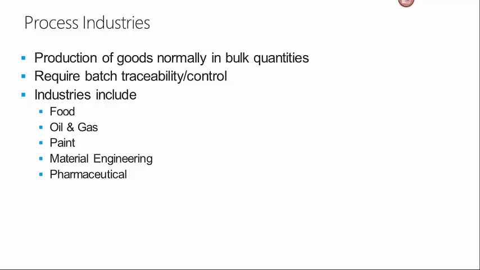So you don't know exactly what the percentage of everything is in that mixture, but you're left with a big bulk quantity that you can eventually sell and distribute to your customers. And food is a good one, because typically process has batch traceability, and if you produce any type of food products, you're going to have it batch controlled, so that you know where it was made, when it was made, that type of thing.